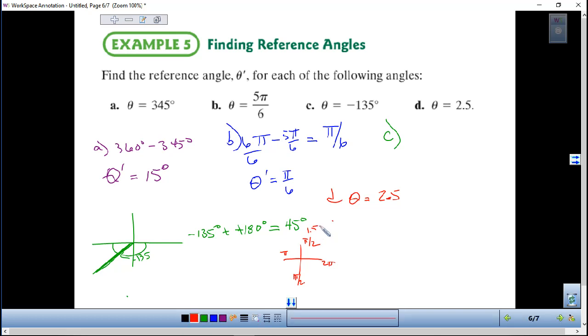So we know that 2.5 is not in the first quadrant. 2.5 is between 1.57 and 3.14, so it's going to be in quadrant 2. So how do we find theta prime for quadrant 2? It's just pi minus theta, which is 2.5, and you don't have to find the decimal. That right there is enough. So pi minus 2.5 is perfectly okay. That way you don't have to get into decimals and stuff like that.